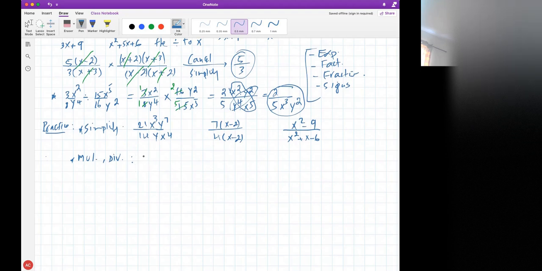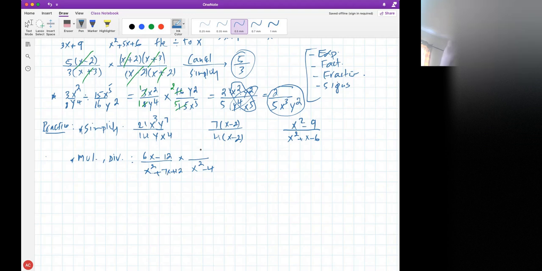Let's see. Okay, so in x and x, we have a trinomial here.